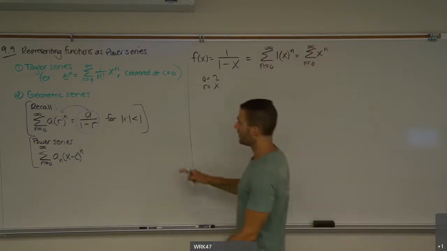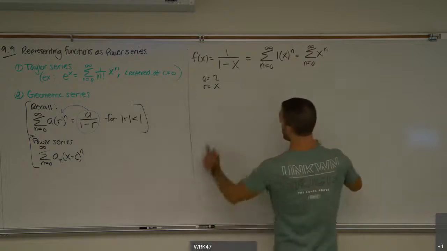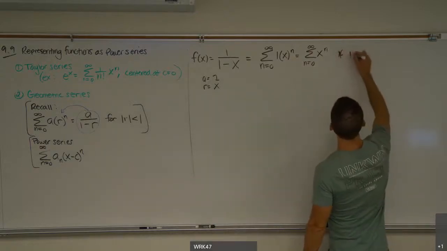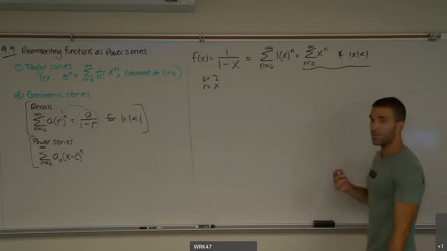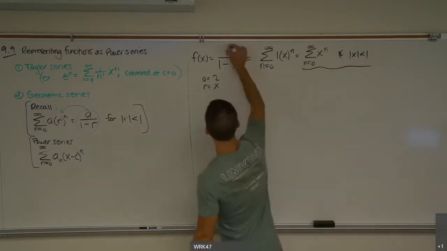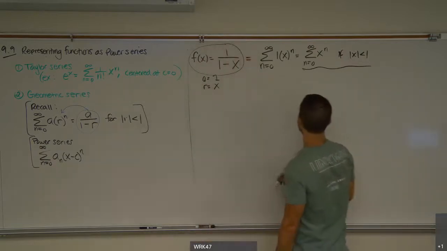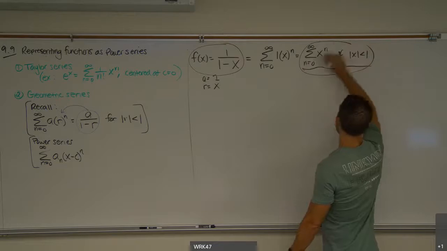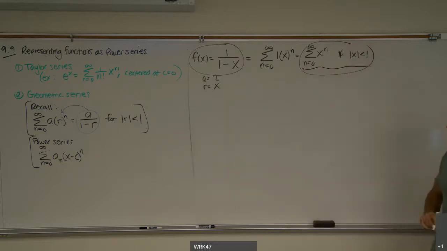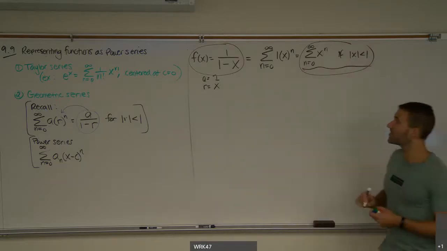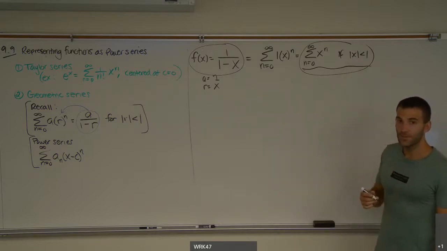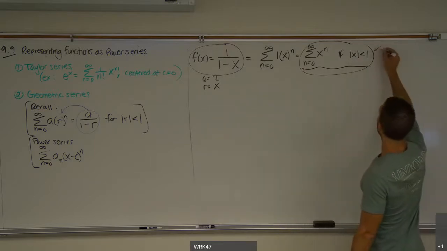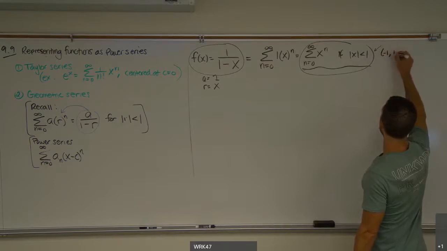There are some restrictions. If the absolute value of r, well, r was x, so if the absolute value of x is less than 1. So right away, in one line, we took a function, 1 over 1 minus x, and we wrote it as a power series, as an infinite polynomial, in this case, x to the n. And we can write this function as this power series for all x values with absolute value less than 1. In terms of an interval, this gives me the interval -1 to 1.